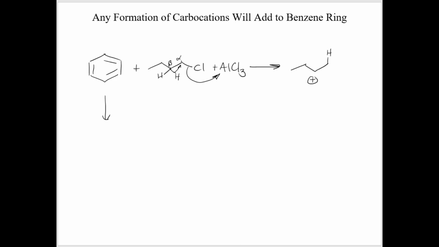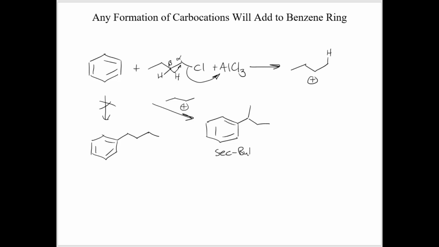So I would not get n-butyl benzene, the straight chain product. Instead, what I would get is the reaction of the secondary butyl carbocation. So I'd end up forming sec-butyl benzene as the product of this reaction.